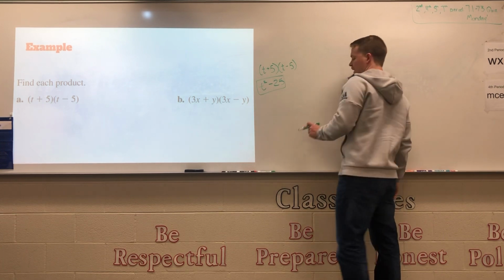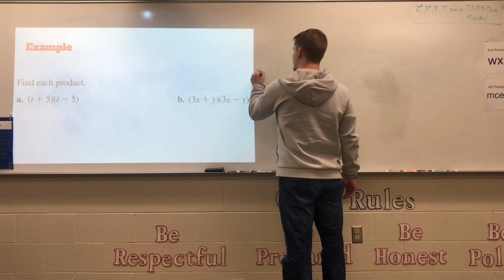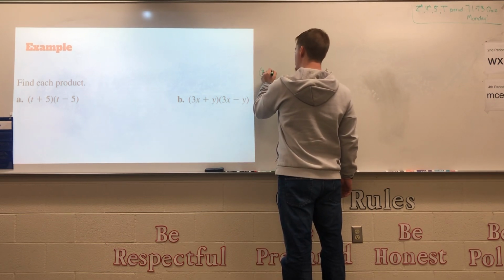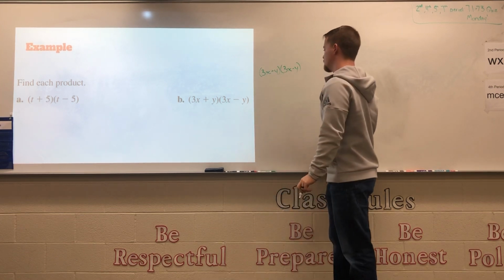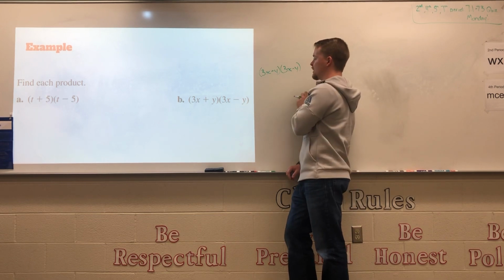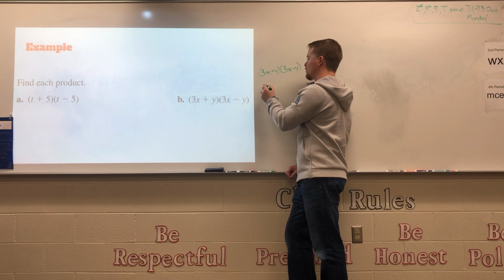Hopefully you've tried it. Let's look at it. We have 3x plus y, 3x minus y. So again, we have that shortcut that we can use. So I'm going to square the first terms, which is 3x, and the whole thing squared would be 9, because we square the 3, and then we square the x, which would be x squared.